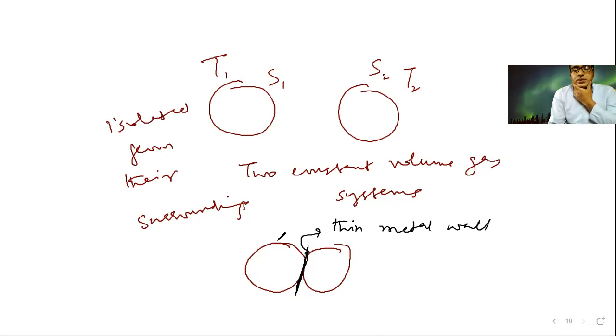That means one system whose pressure is increasing is heating with time, and the other system whose pressure is decreasing is cooling with time. That means heat transfer will take place between these two systems. And this situation will remain for some time until these systems come into thermal equilibrium with each other.